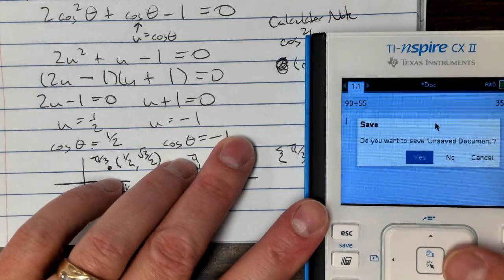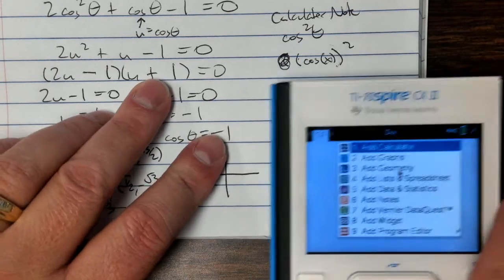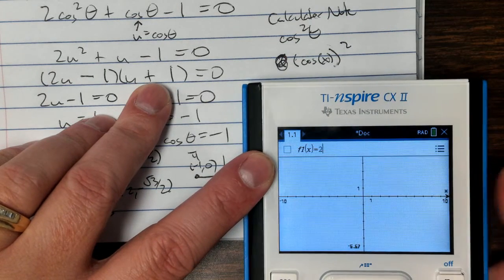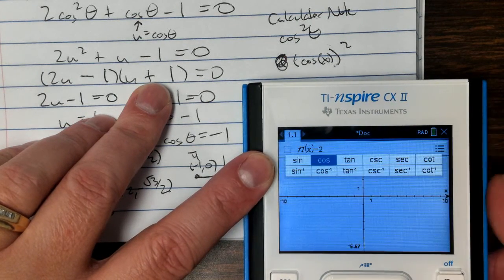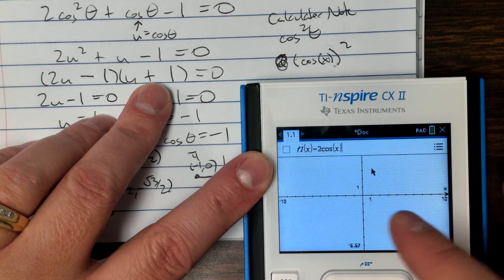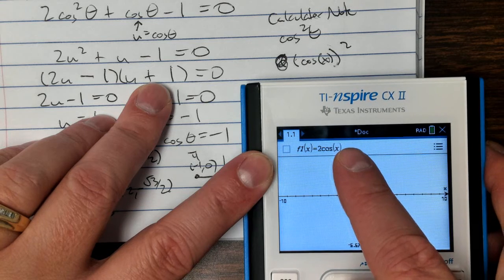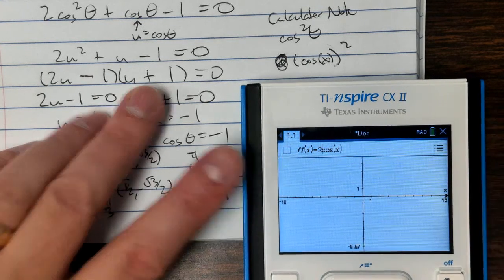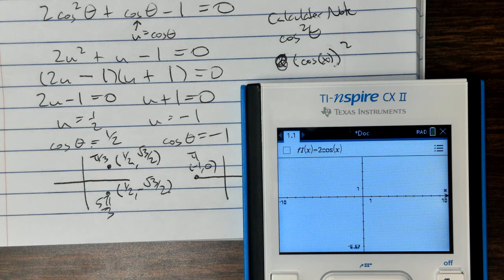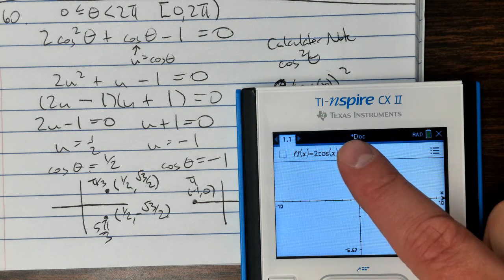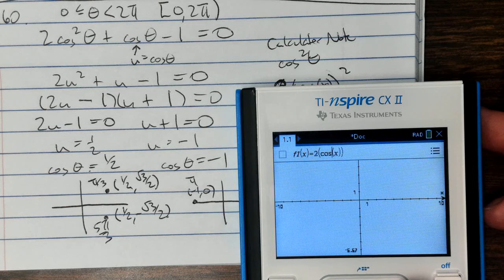Go to a graph, then we do 2 trig cosine x. So you can't just put your squared right there because that would just say x squared. We've got to have parentheses. Again, you can't just put your squared right there. You have to have parentheses around it.